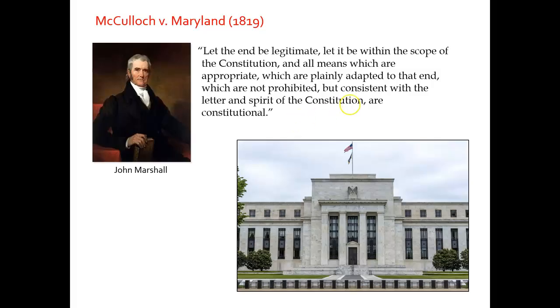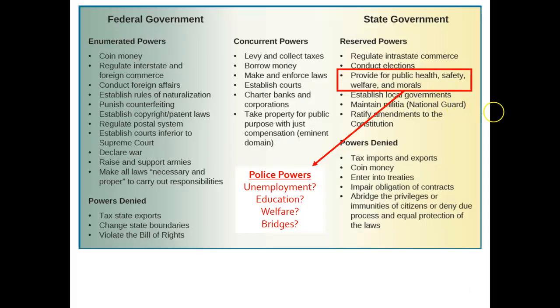We had the U.S. Bank for a number of years, then we had a second bank in the United States, and today we have what's called the Federal Reserve. So a central bank is something that the Supreme Court said is constitutional because of the necessary and proper clause.